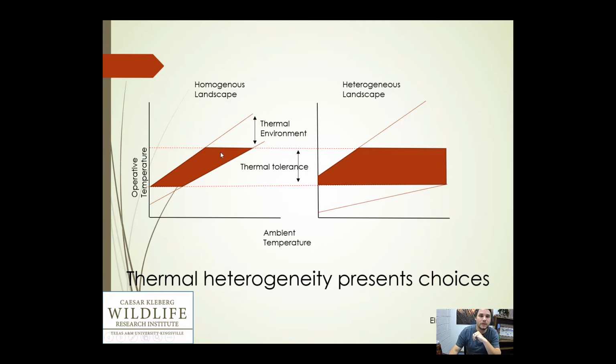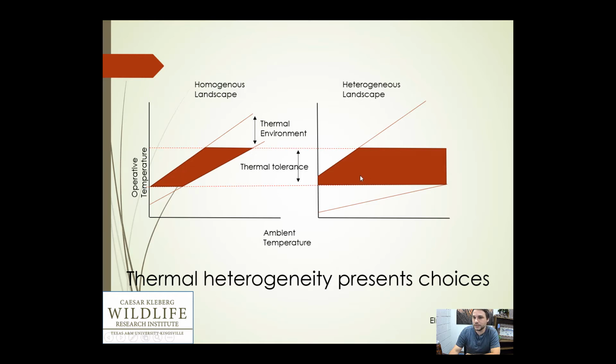And then we can also look at these diagonal red lines and think about this as the thermal environment that's available for organisms. And so as we move from a homogeneous landscape that has potentially fewer thermal options, we have this shaded region here that is truly what is usable by the organism, because it matches where the thermal tolerance is and where the thermal environment allows that organism to be.